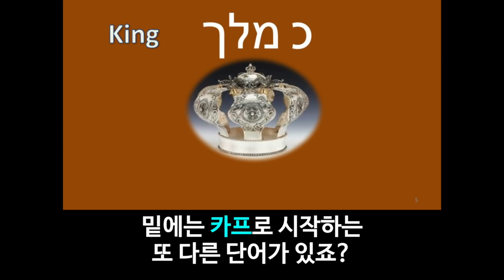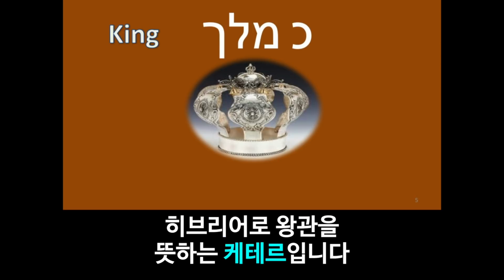Then down at the bottom you see another word that begins with the letter kaf, and it is a Hebrew word that means crown, and it's keter. So we're going to look at this crown.